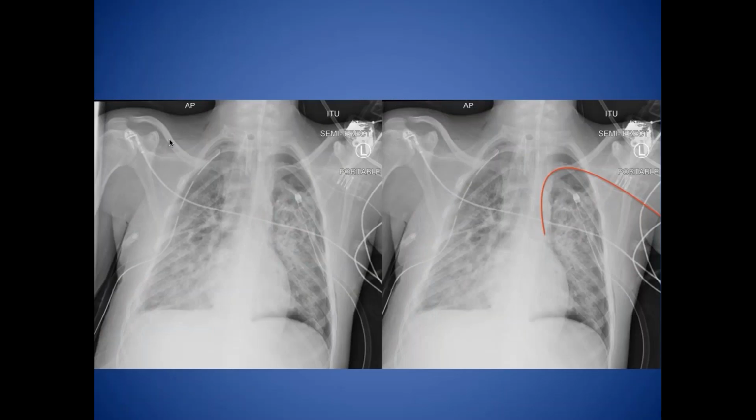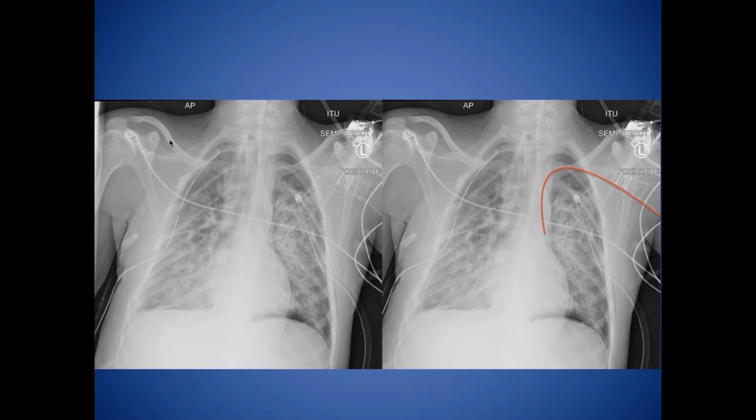This is another patient who has ARDS. They have a left-sided pneumothorax, and you can see, just barely, I've had to draw this again with red, that the line that's coming from the left is going down into the left SVC.